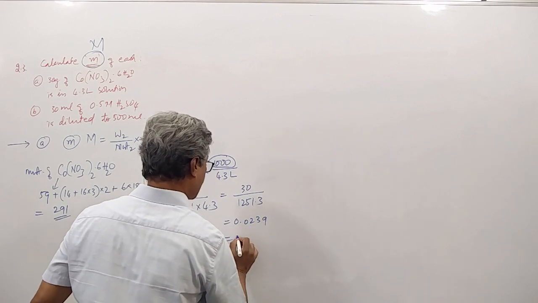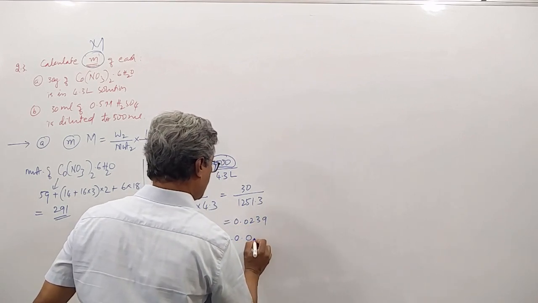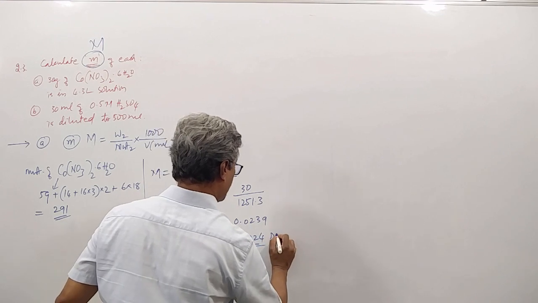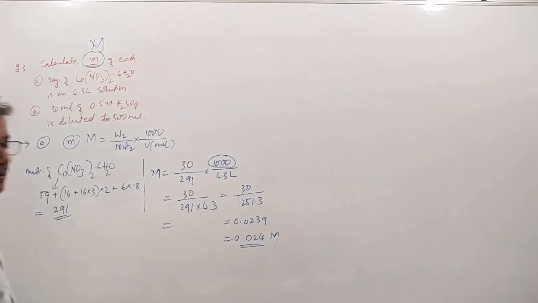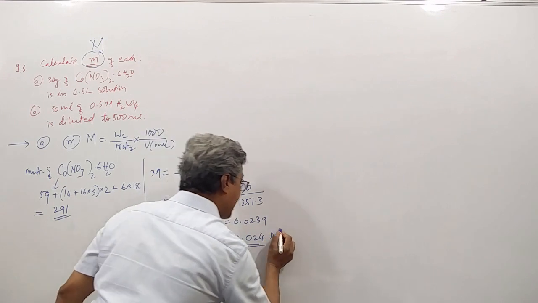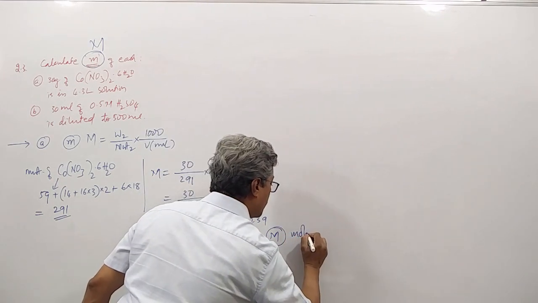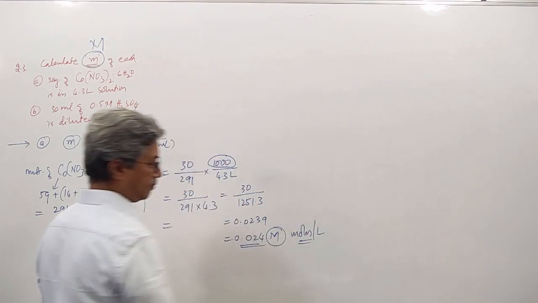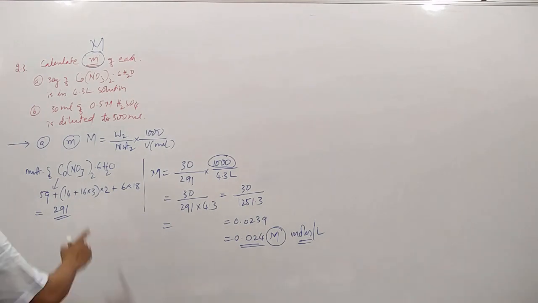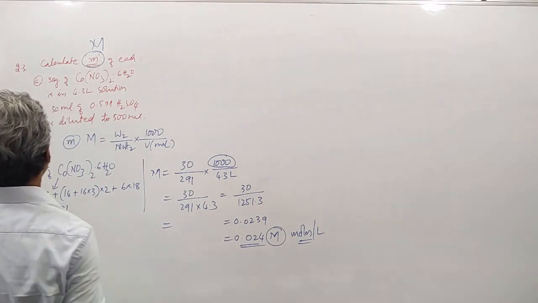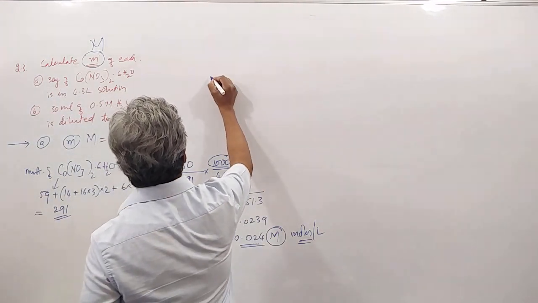We can take it as 0.024 moles. This M stands for moles per liter, which is molarity. So A answer is this. Let's go for B one.